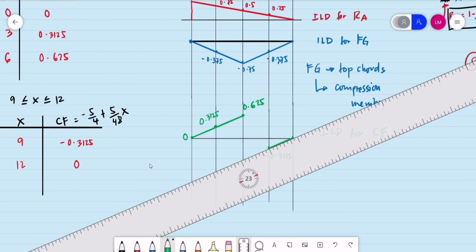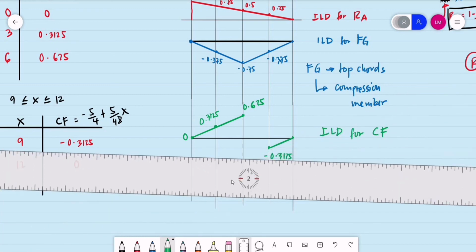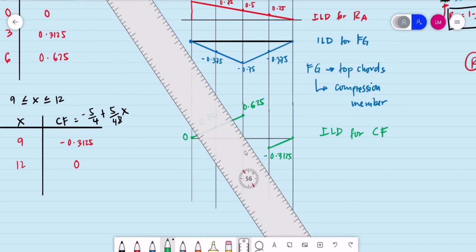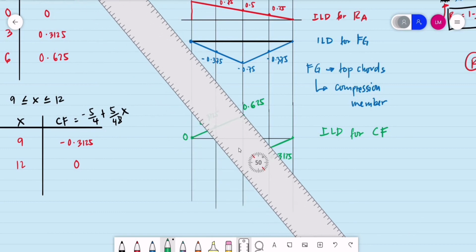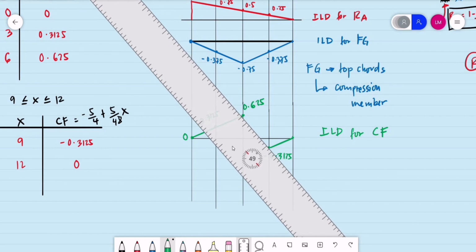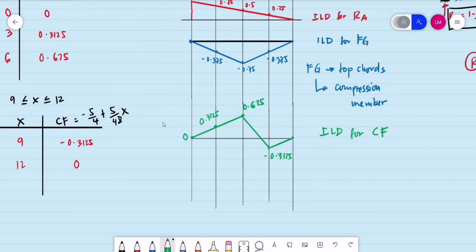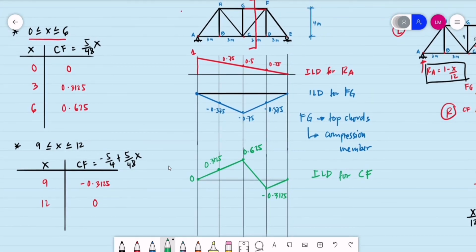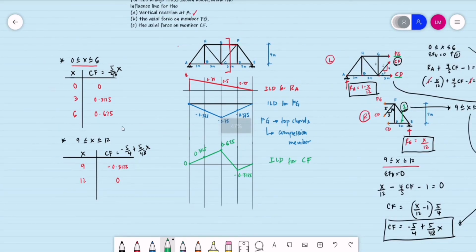We may connect this one. We may say this is the transition interval from 6 to 9. The axial force started to change from tension to compression. Okay, so this will be the equivalent ILD, or the influence line diagram, for the axial force for member CF. So this will be our solution for this example.